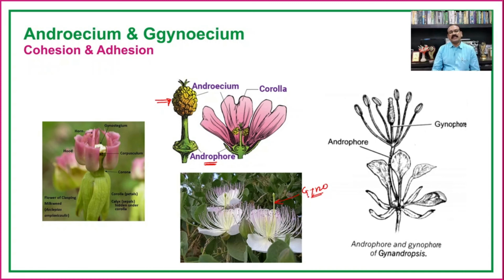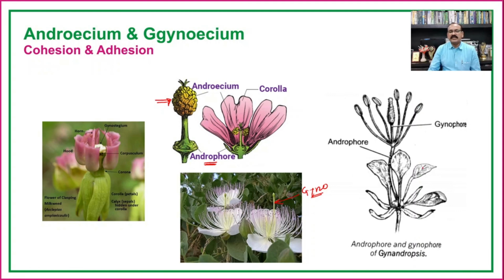So we can just say that if the androecium is raised above the receptacle, then it is known as the androphore, and if the gynoecium or the ovary is raised above the receptacle, then it is known as the gynophore.